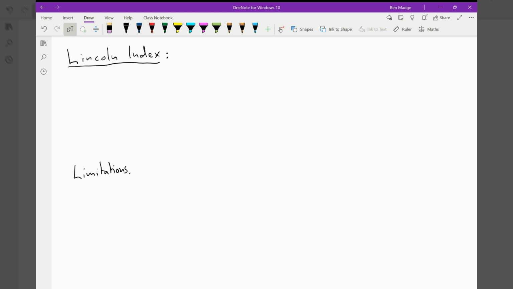So, Lincoln's index is a way of estimating the population by first capturing a sample of a population, and the population has to be a mobile species.